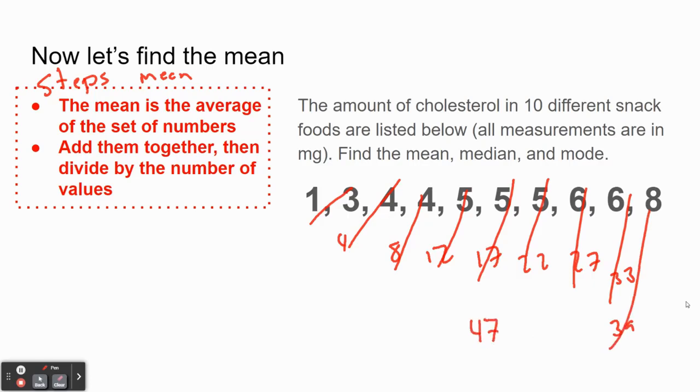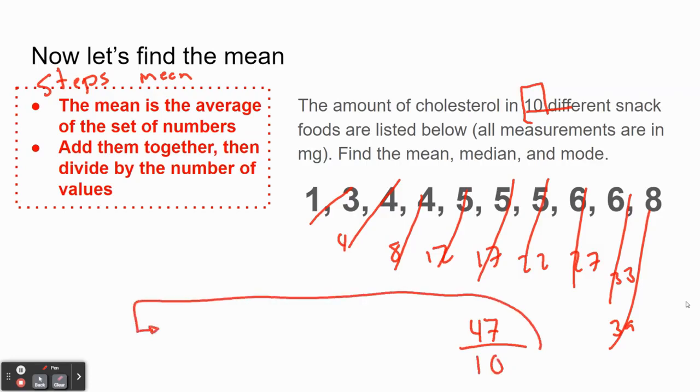So we have our sum here, and then we are going to need to divide it by the number of values we have. We know from our original problem that we have 10 of them. So we are going to divide this by 10, and I'm actually going to write this over here where I have more space. We're going to end up with 4.7 as our mean.